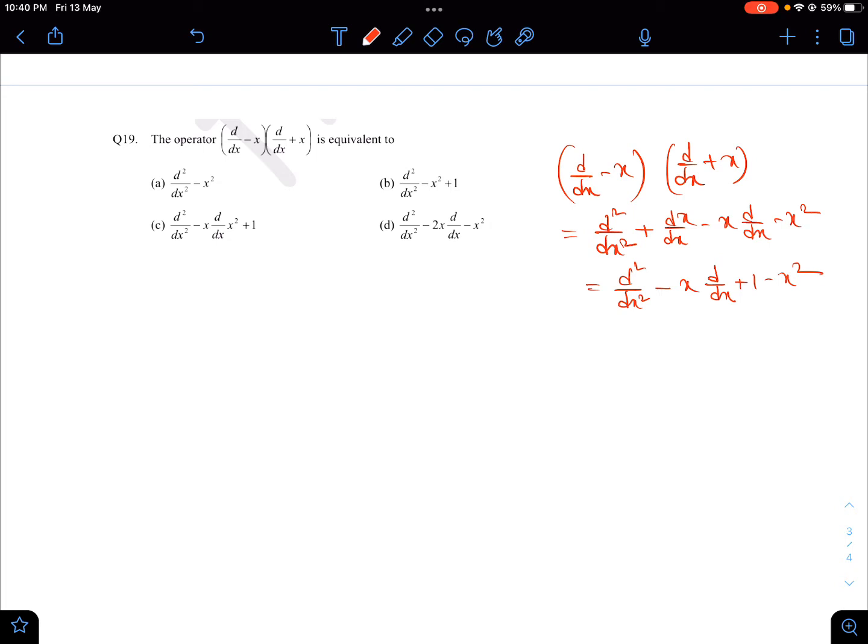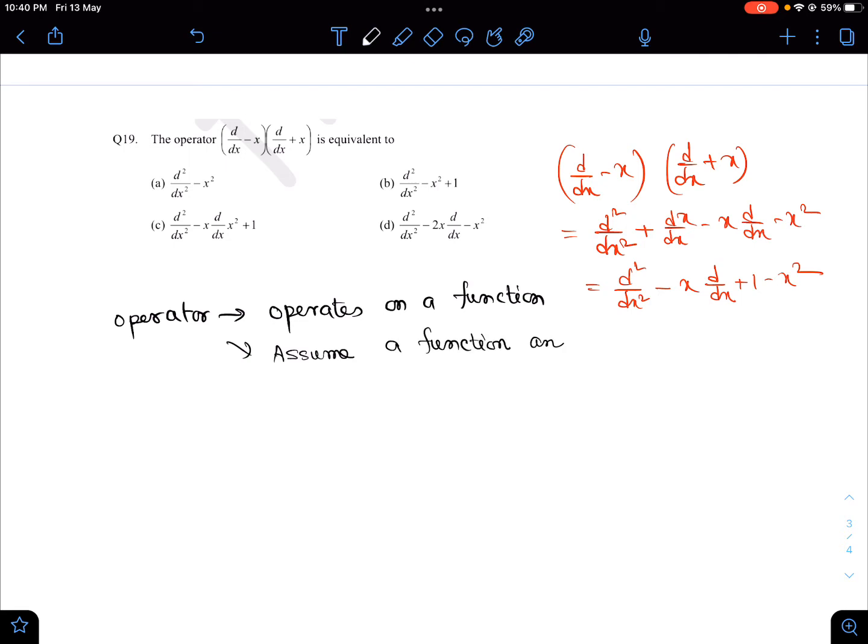Basically, an operator operates on a function. So that is the first thing you have to do. You have to assume a function and then operate on that.